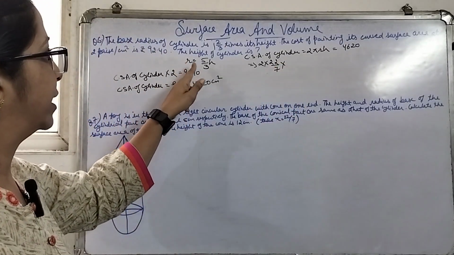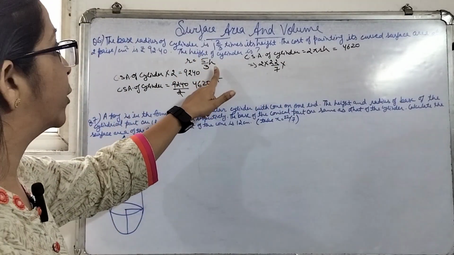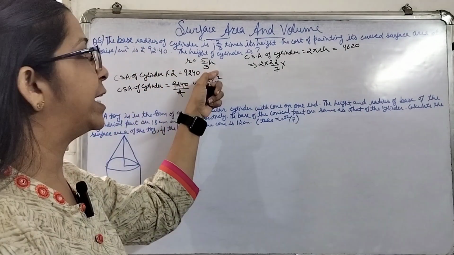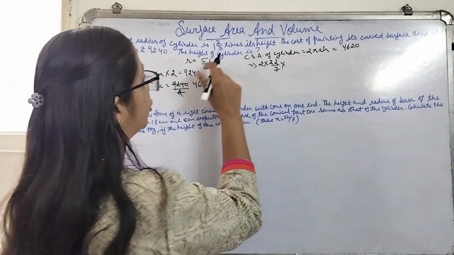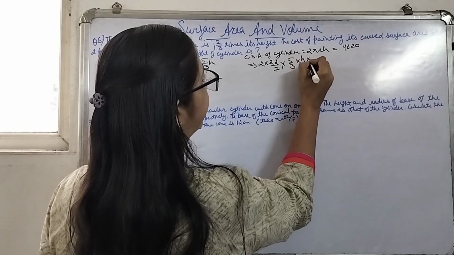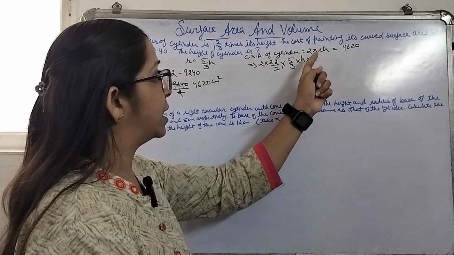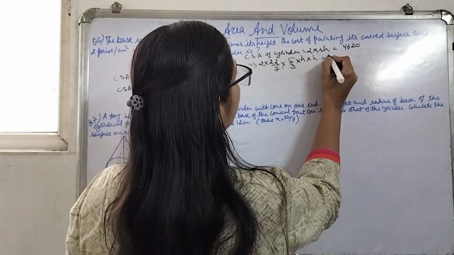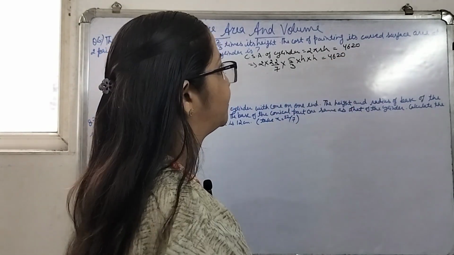Instead of r, we can keep 5 upon 3 h, because we have to find the value of h, so we will convert r in terms of h only. So r is 5 upon 3 times h, and this h we have taken as it is. It is equivalent to 4,620.